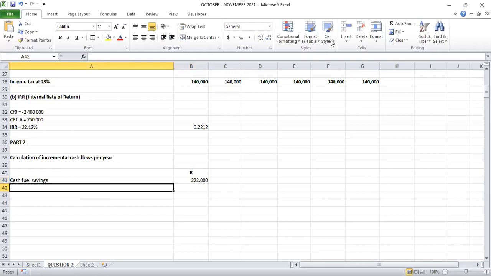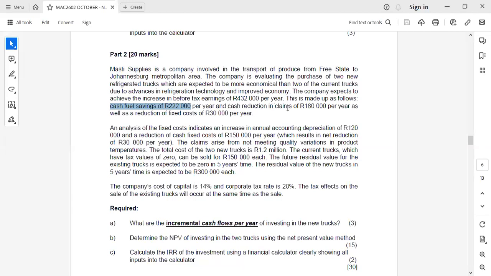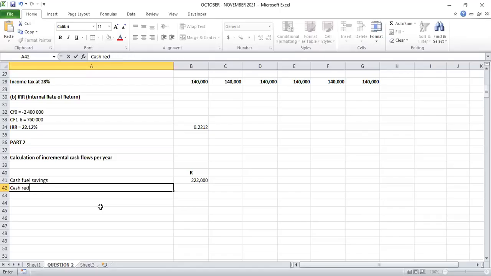Then we have cash reduction in claims, 180,000. That's a saving again. $180,000.